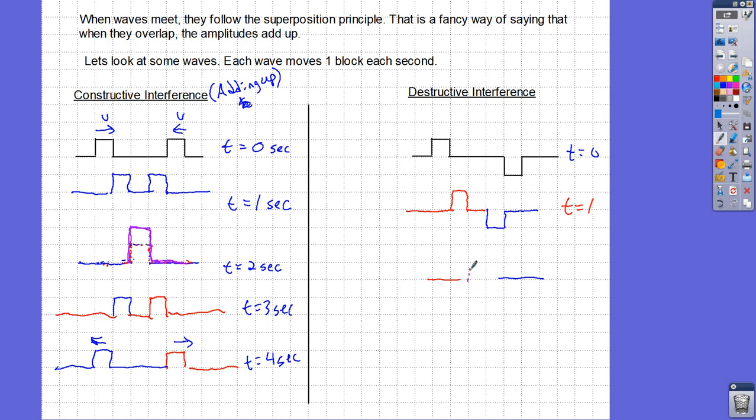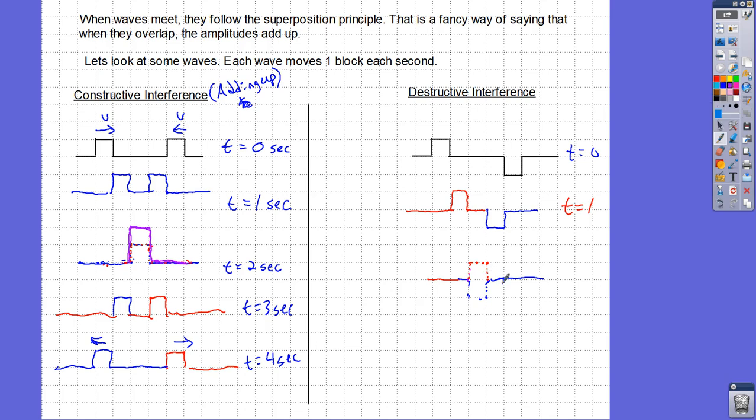Okay, so this one is the red here. So we have that. The blue one actually is downward. So we get that. So those two together. So when they add up, in reality what we get, we'll put that in purple.